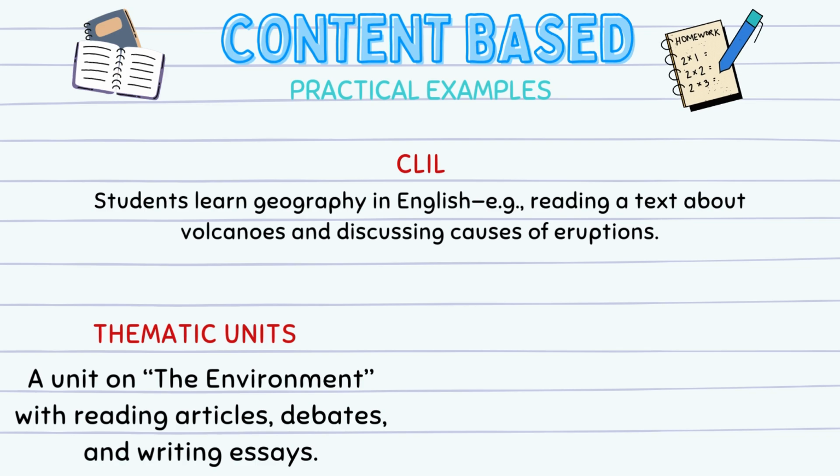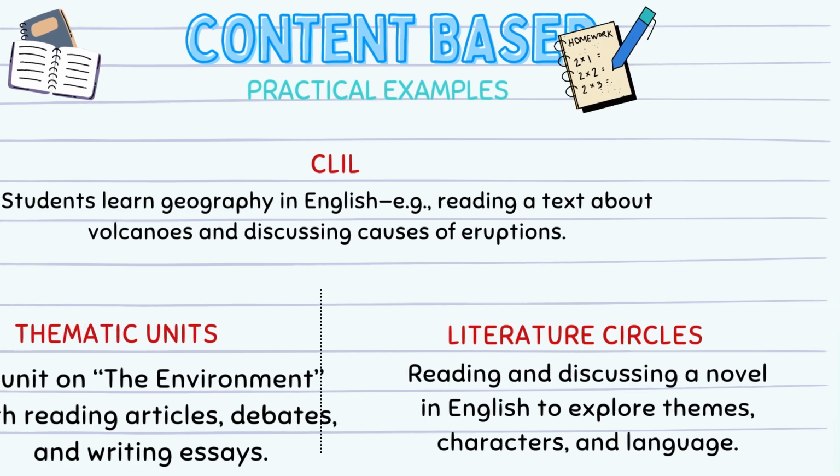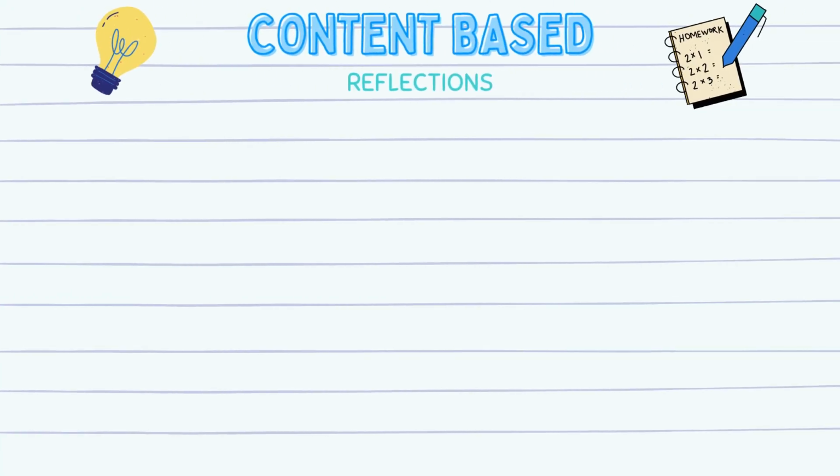A unit on the environment could include readings, articles, debates, and writing essays. The third one could be a literary circle, reading and discussing a novel in English to explore themes, characters, and language. So it is not just about English, it goes beyond. CBL sounds right, doesn't it?